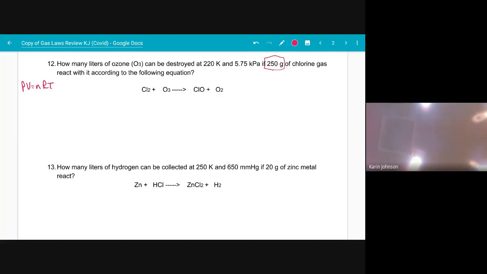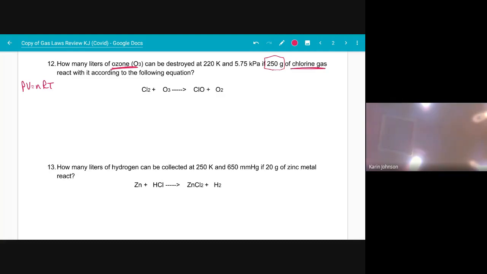It says how many liters of ozone, which is O3, can be destroyed at 220 Kelvin, good temperature, and 5 kilopascals. Oh, I have to use the R constant that has to do with kilopascals. If 250 grams of chlorine gas react with it according to the following equation. Notice that it's asking for ozone, but it's giving me chlorine gas.